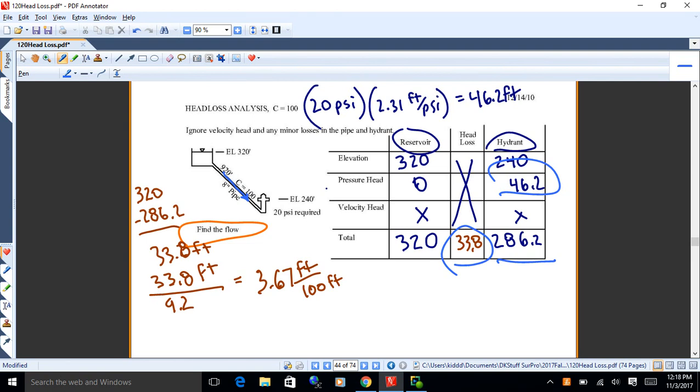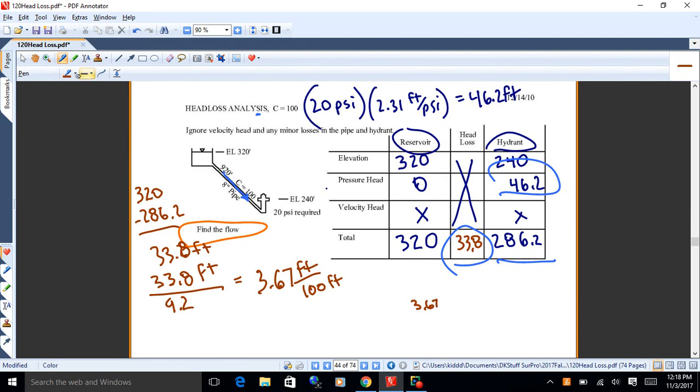So we got 8-inch pipe. We're looking for 3.67. We got 550 and 600 on either side. Okay, so what we're looking for here is 3.67.